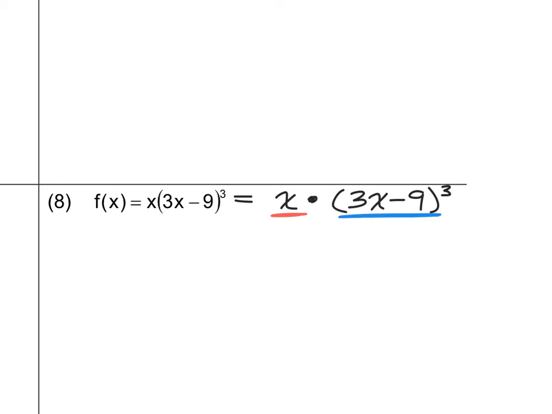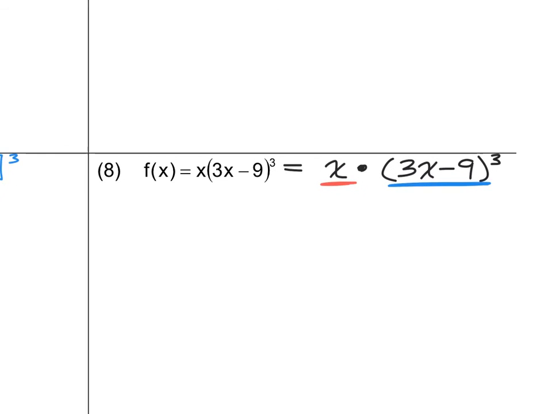Which of course requires you to know the product rule, which is why we spend so much time on that. Oh, right. Right, it's the first function multiplied by the derivative of the second function. So I need to get the derivative of the second function in there.